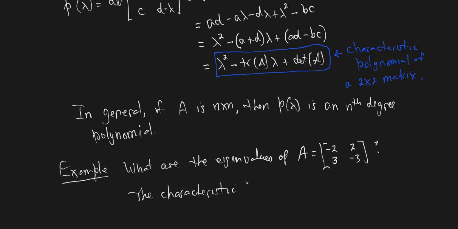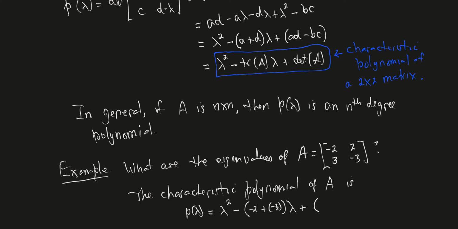So the characteristic polynomial of A is P of lambda, and it's always going to be lambda squared, and then we're going to have minus the trace of this matrix. Now the trace of this matrix is -2 plus -3, times lambda, and then it's going to be plus the determinant of the matrix.